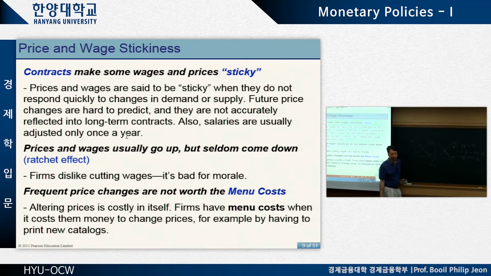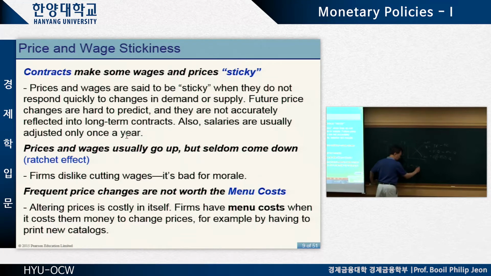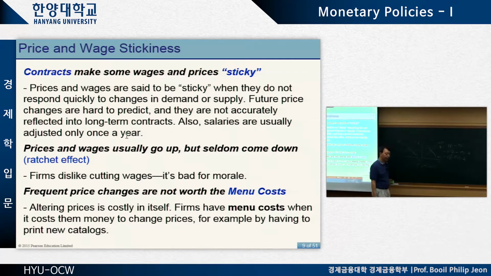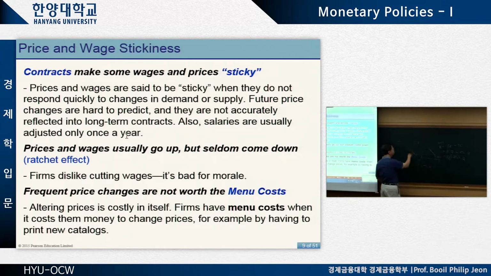Then workers will demand higher wages, because 10% inflation means everything becomes 10% more expensive. So in order to maintain your current standard of living, your wage needs to increase by 10%. So workers will demand higher wages. Wage demand will increase. And what that means is in the labor market, supply for labor will decrease.